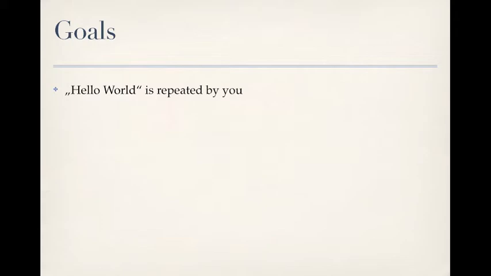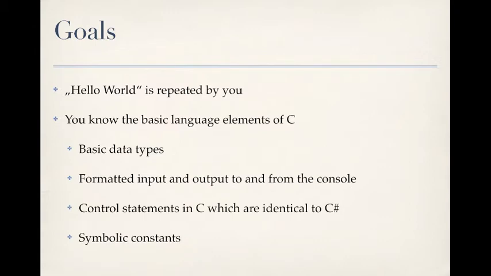We will skim very quickly over Hello World and see again the basic structures of a C program. Then we have a big bunch where we go through the basic language elements of C. We will see basic data types, how to do formatted input and output, where you already know how to do output, but input will be maybe new to you.